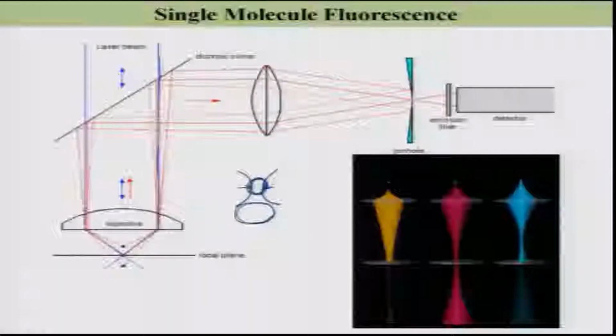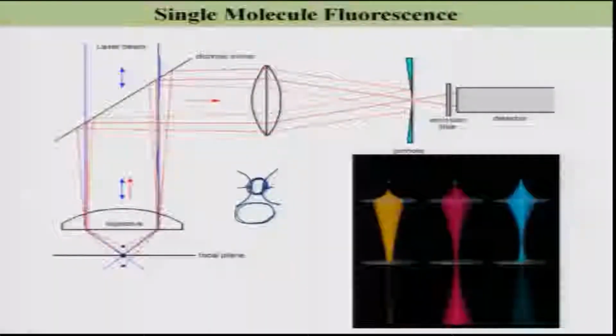Now you follow this line, the molecules present at the focal plane, after putting the pinhole. If you follow this line with a basic knowledge of optics, you see this red light passing through this pinhole and reaching the detector. That means the fluorescence originating from this position, the focal plane, is reaching the detector, because the pinhole position is over here.